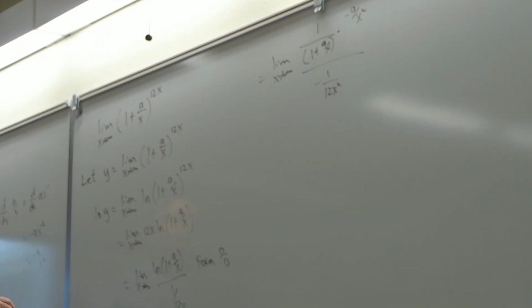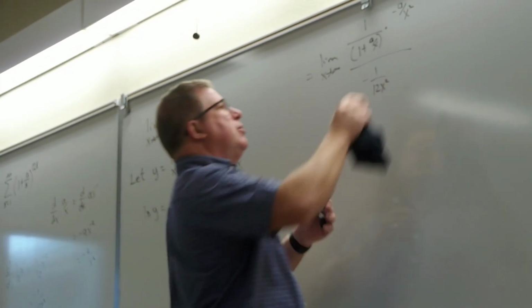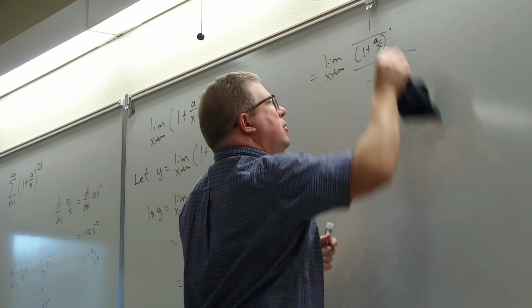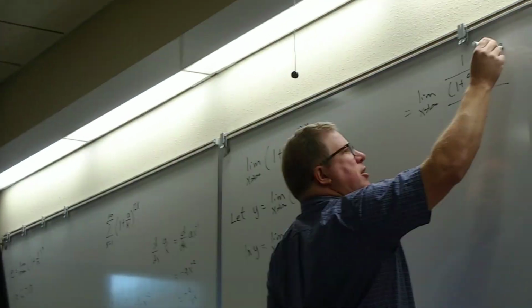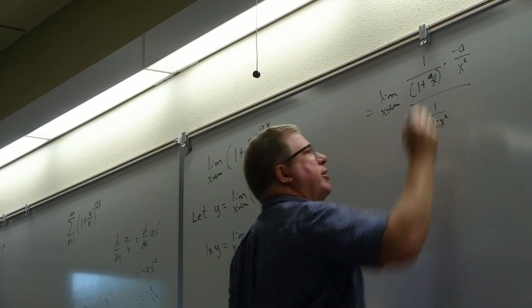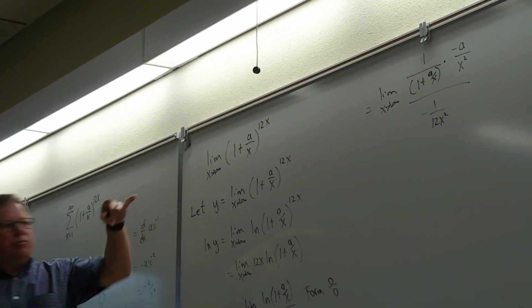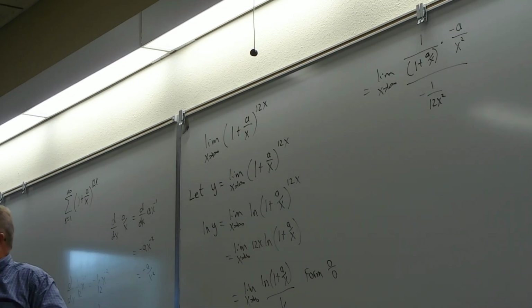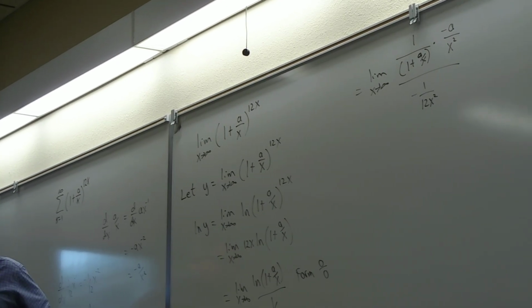Maybe this is correct, but it would be more clear if I wrote the numerator as negative a over x squared like that. Okay? So it looks more like it's on the same level. Might be a little more clear.